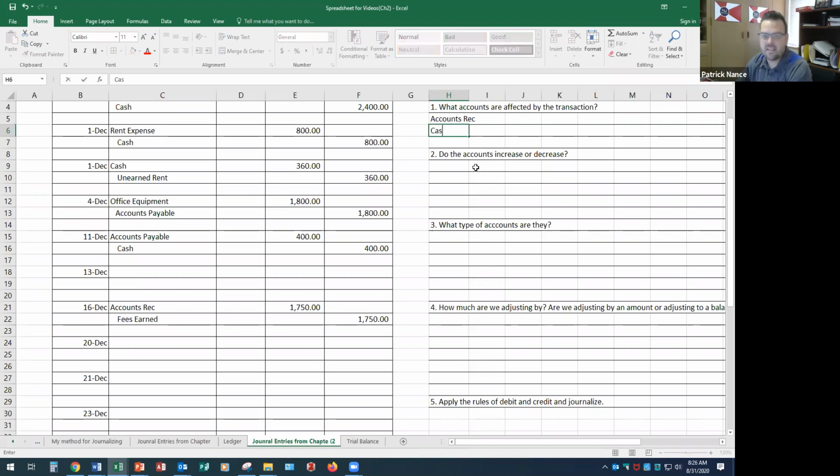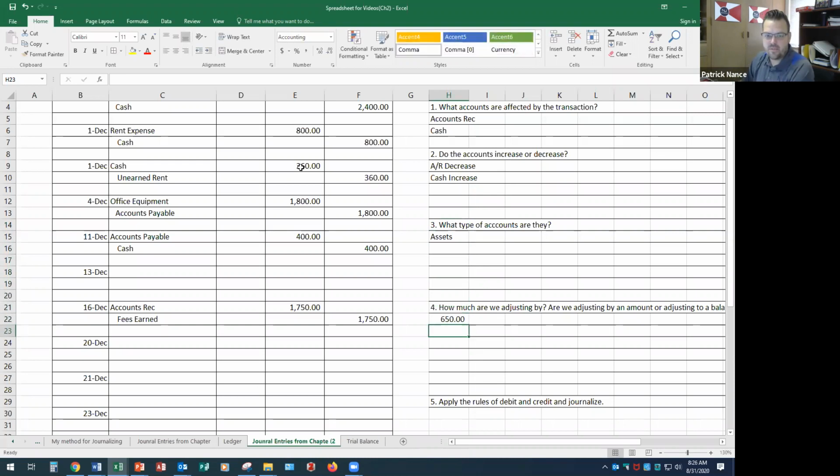The other account that's affected because I received cash is cash. So accounts receivable, abbreviated as AR here, goes down because I'm not owed as much money as I was before this. Cash goes up. It's an increase. What type of accounts are they? They are both assets. Accounts receivable, money we were owed as an asset. Cash is also an asset. How much are they being adjusted by? In this case, $650.